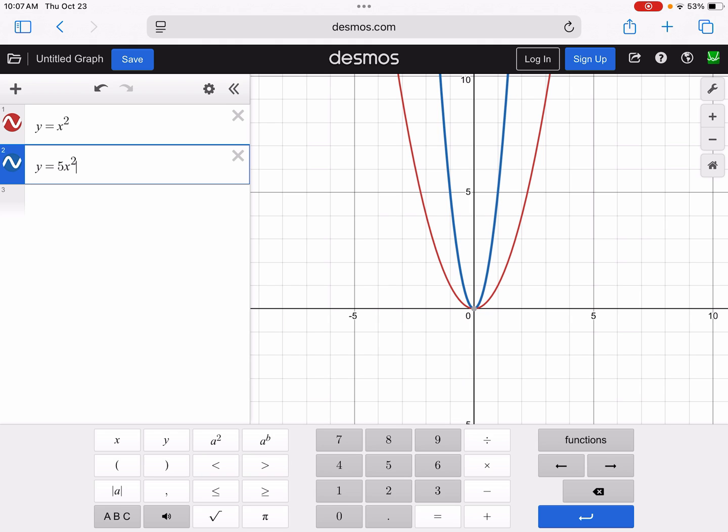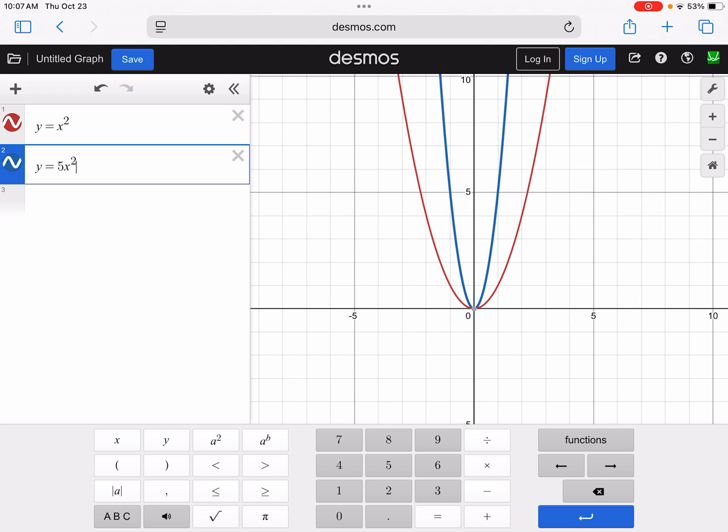Now what's the difference here? This is our basic function. We multiplied our basic function by a number which is greater than 1. When we do that, our graph is stretched vertically towards the y-axis.